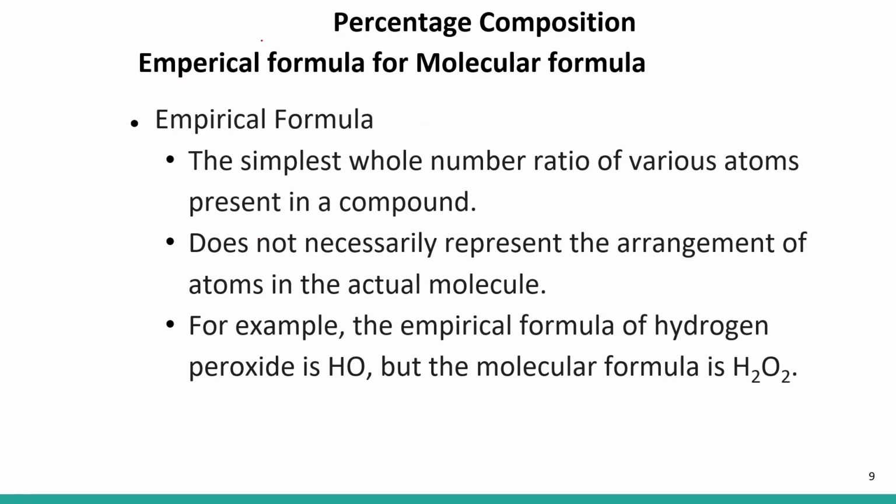Now, the next concept which we will move to is the empirical formula versus the molecular formula. Okay. So what is the empirical formula? It is the simplest whole number ratio of atoms present in a compound. So suppose you consider a compound which is H2O2.